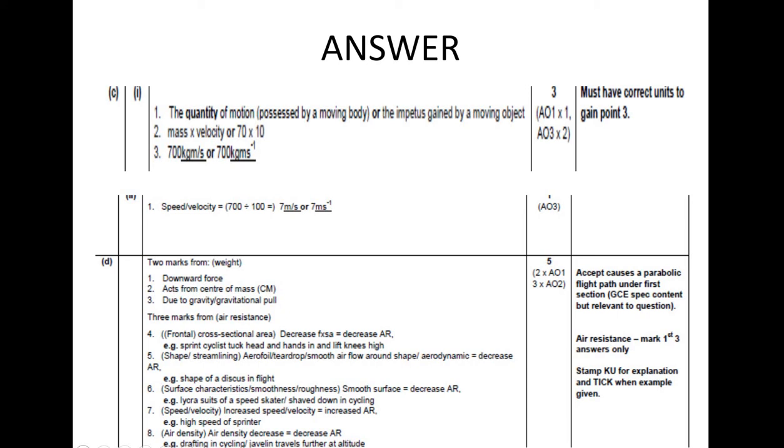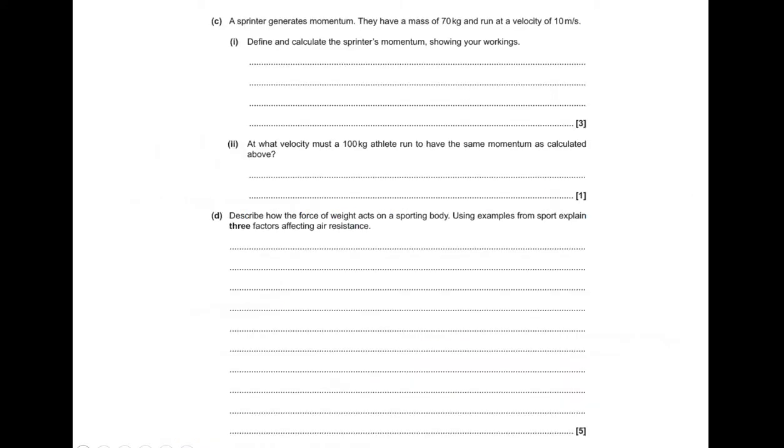Okay, so question number 2 is: at what velocity must a 100 kilogram athlete run to have the same momentum as calculated above? Now for this question you need to remember our triangle. Mass multiplied by velocity are at the bottom and speed or momentum is at the top.